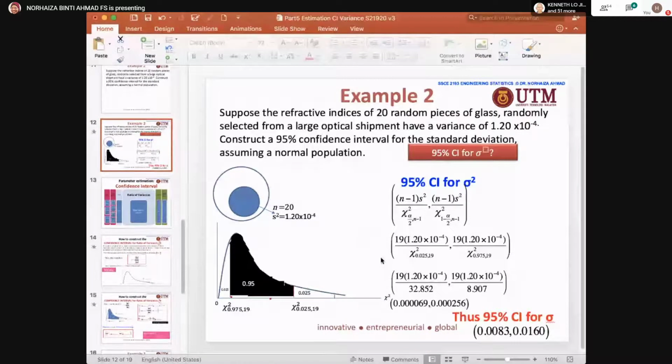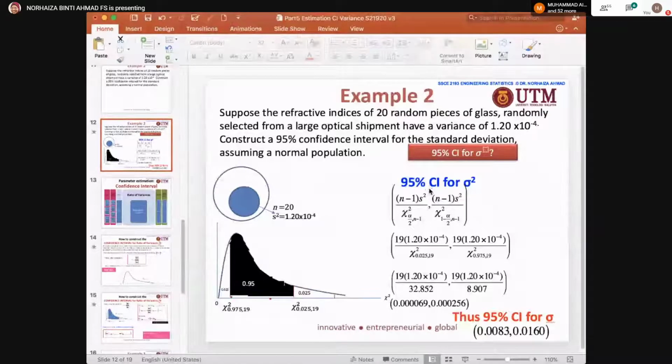Because sometimes students think... I wouldn't suggest that you do it from the front, because sometimes you forget, do I square root the whole of this interval or what? That's why you need to understand that these are your limits. These confidence interval ends are limits.